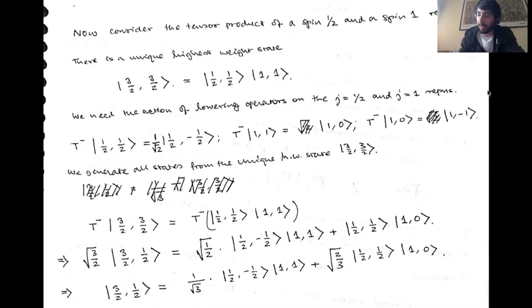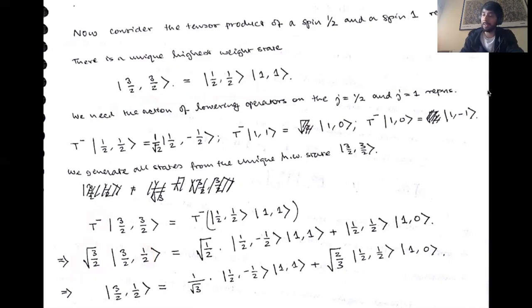So now let's look at the action of this. Let's take this unique highest weight state and act with t minus on both sides. Okay, if you do this, then you get a root 3 by 2 in front, and this eigenvalue is going to get lowered, right?